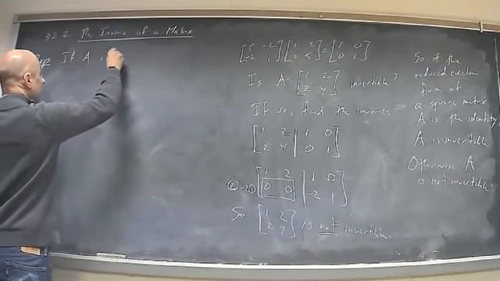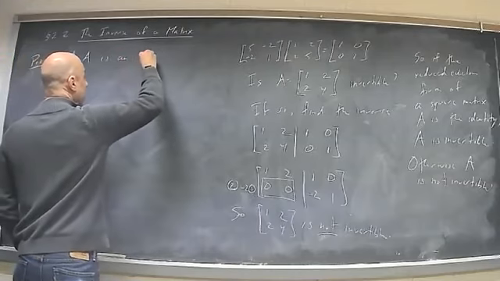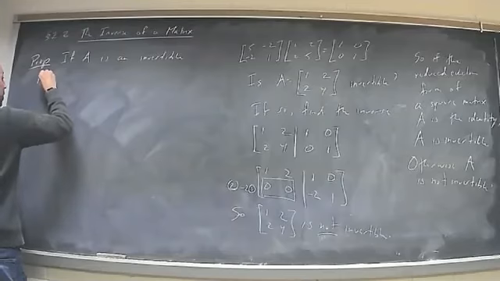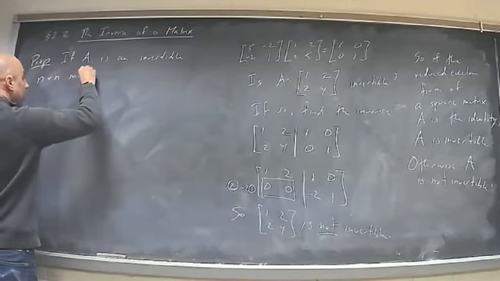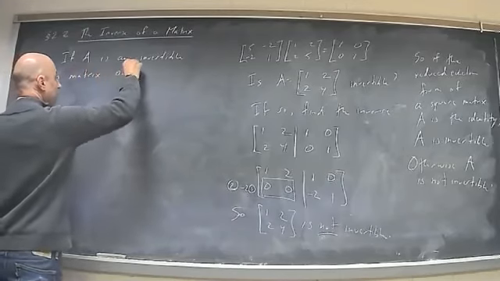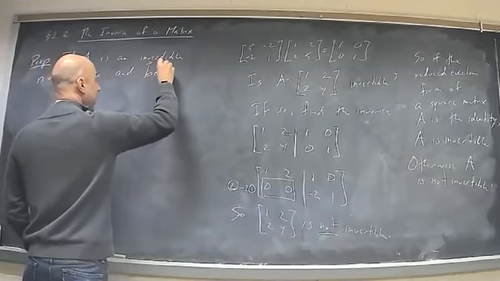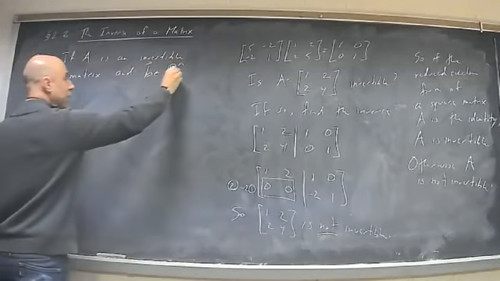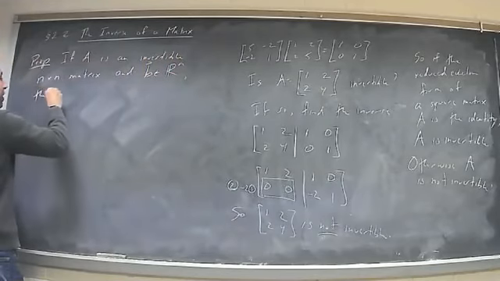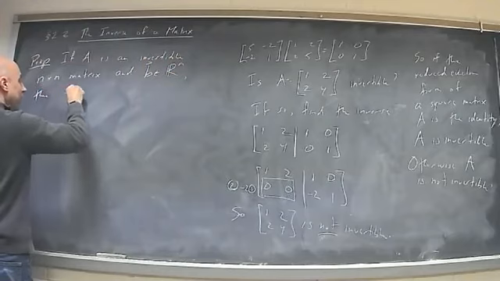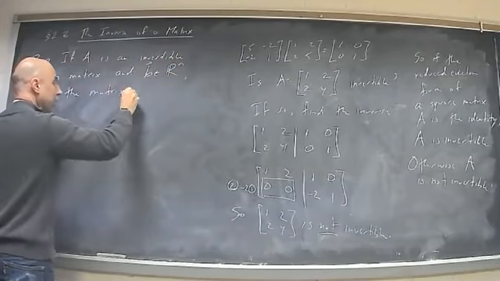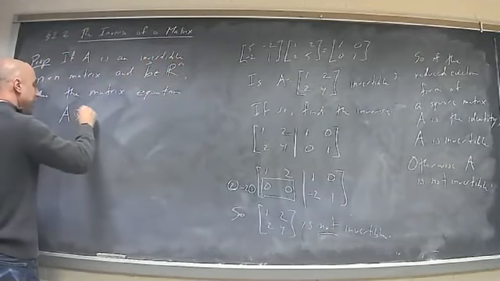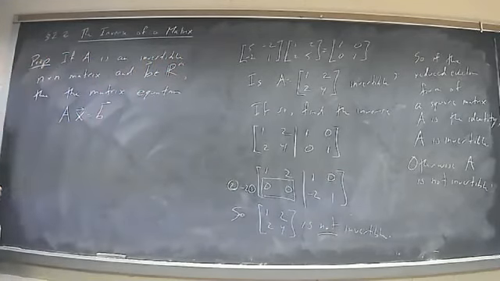If A is an invertible n by n matrix, and b is a vector in R^n, then the matrix equation A x equals b. And you know how to solve this equation.